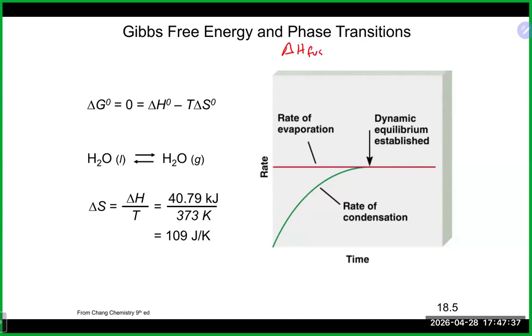Delta H of fusion is involved when we do that transition of solid to liquid, or liquid to solid. And that value is the amount of heat required simply to do that transition, not changing any temperatures, just simply at, for example, water at 0 degrees, which is where it changes.